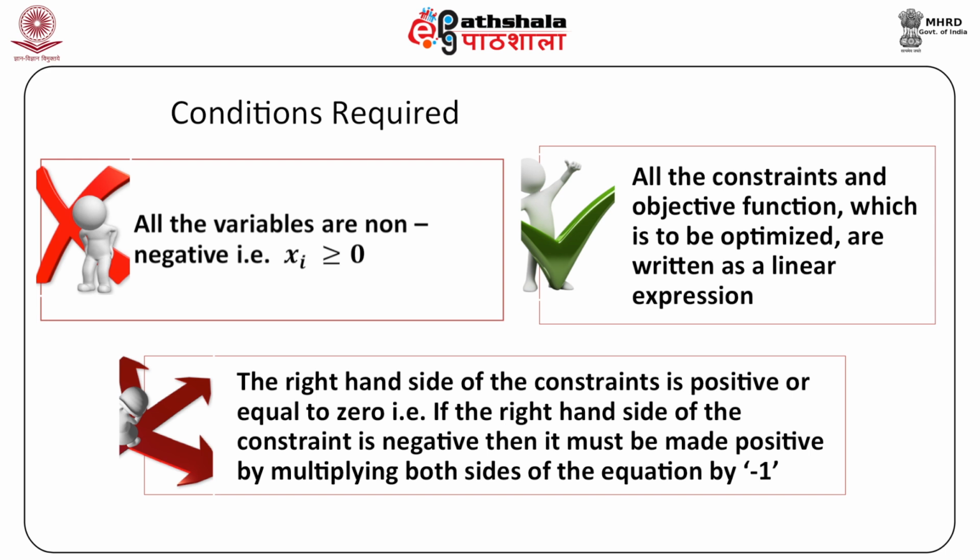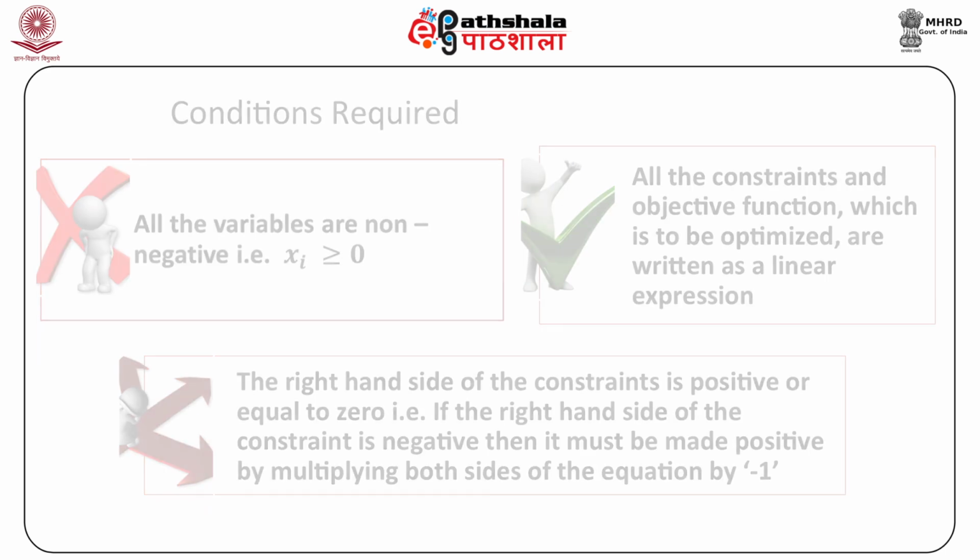Also note that for a linear programming problem in standard form, the objective function is to be maximized and not minimized. The right hand side of the constraints is positive or equal to 0, that is, bi is greater than or equal to 0. If the right hand side of a constraint is negative, then it must be made positive by multiplying both sides of the equation by -1.